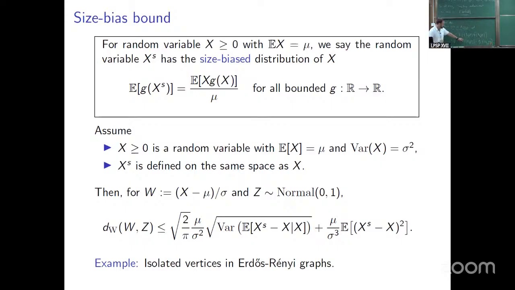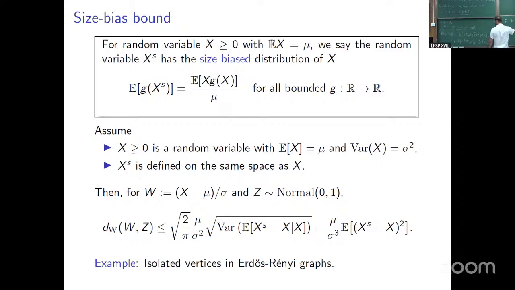But now, as I said, this is x times a function of x. Okay, so now we had x times a function of x, and so we can use this size bias. We have x times a function of x, so that is going to be equal to that same function, but now we replace x with the size bias and we multiply by mu. Okay, so continuing over here, we'll get a mu here. We have a mu here, so we have a common factor of mu on sigma.